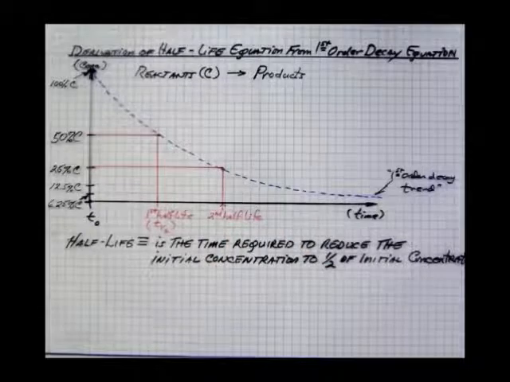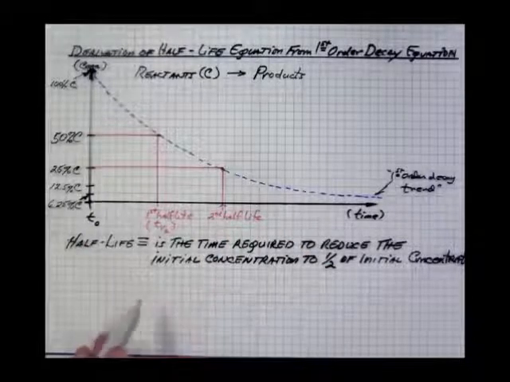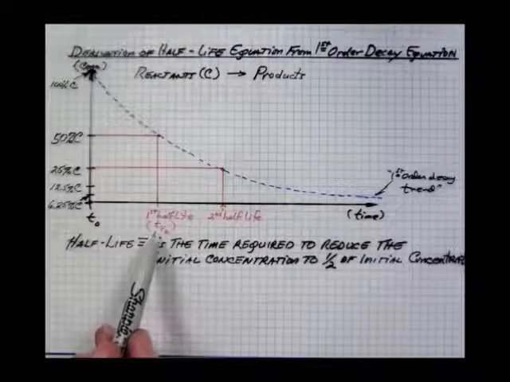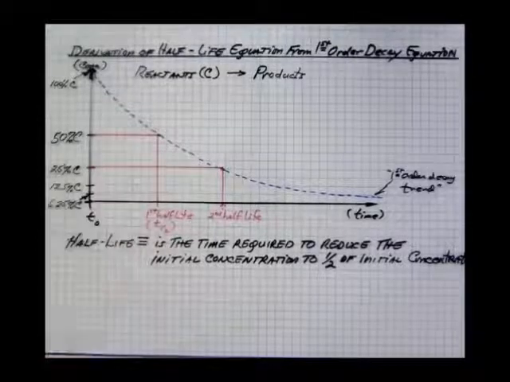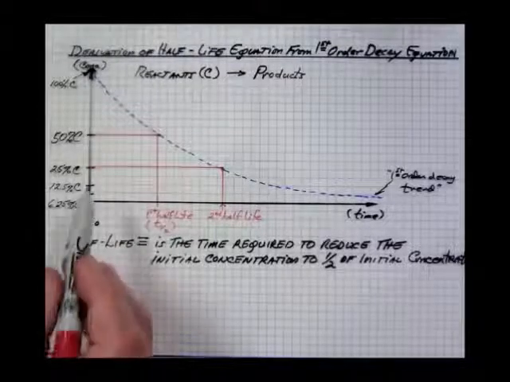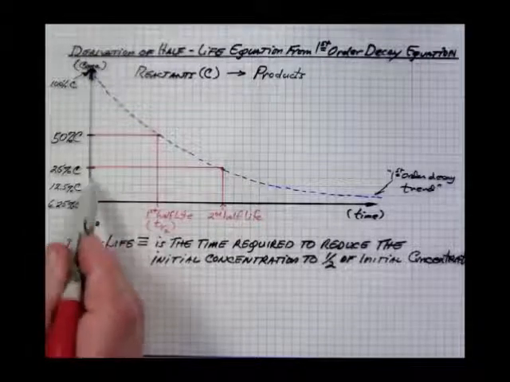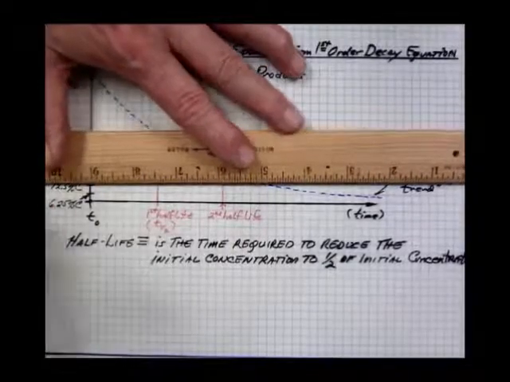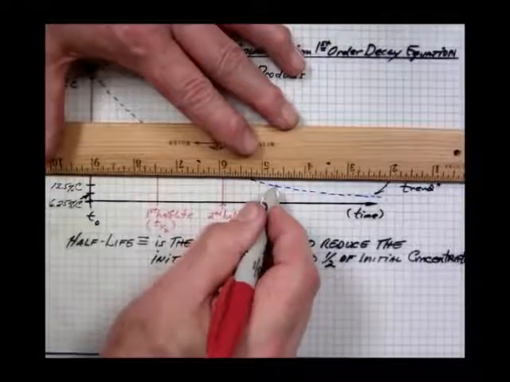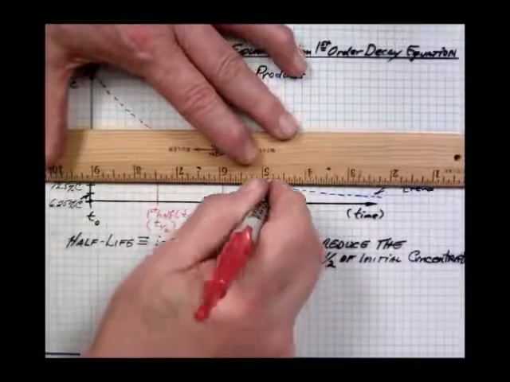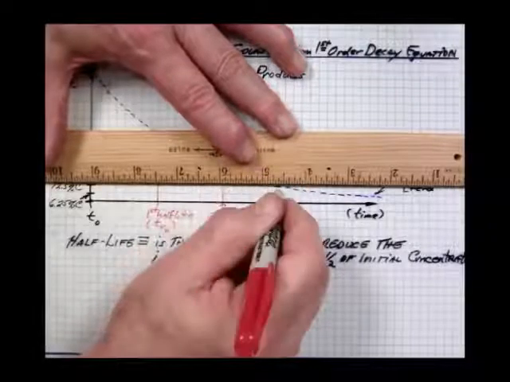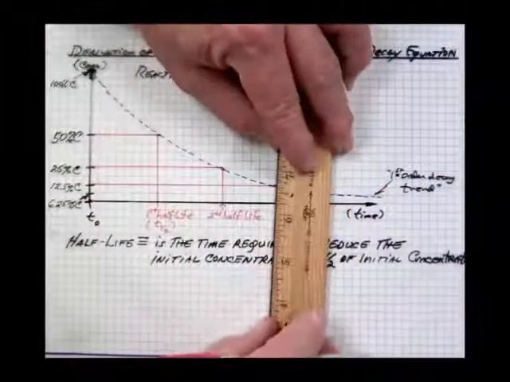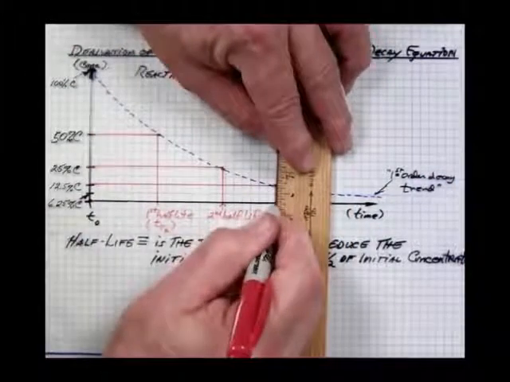One thing you need to understand about half-life times is that the first half-life time will be equal to the second half-life time, as well as the third half-life time. When we cut this one in half, I'll go ahead and draw in the position of the third half-life right here, and down here.